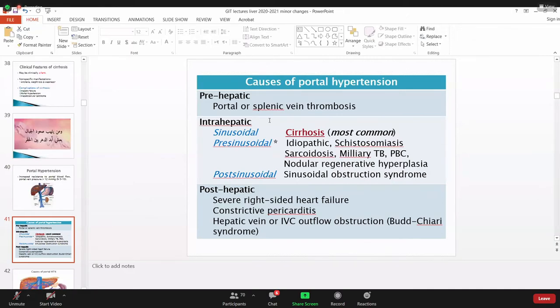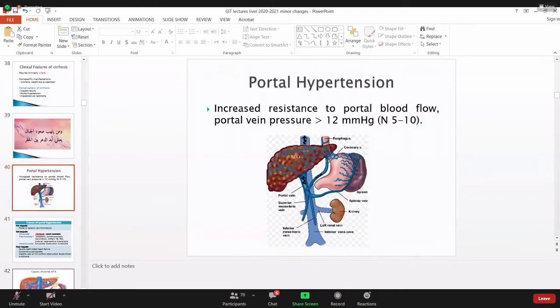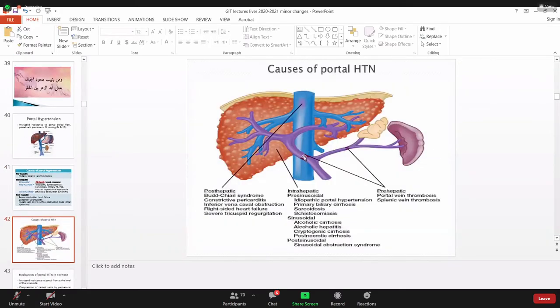Pre-hepatic, the most important condition بيعمل لي pre-hepatic hypertension اللي هو portal or splenic vein thrombosis. إما بصير thrombosis بالportal vein itself أو بصير thrombosis in the splenic vein. And this leads to backward pressure بيعيق flow through this venous branch وبيصير في backward pressure بيعمل لي portal hypertension. هذا بنسميه pre-hepatic يعني قبل ما يدخل على الليفر.